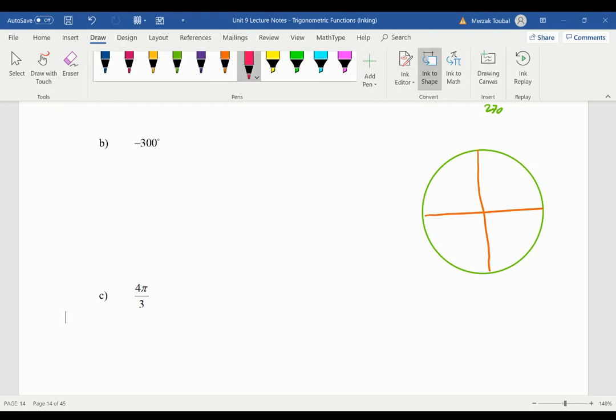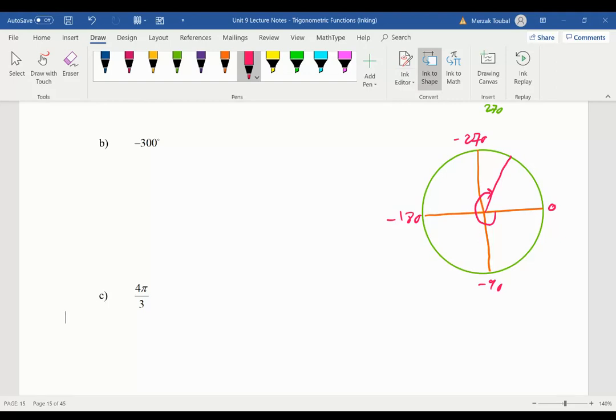So, negative 300 degrees. This is 0. Since the angle is negative, the rotation is clockwise. So 0, negative 90, negative 180, negative 270. If we go back to 0, that's negative 360. So negative 300 must be between negative 270 and negative 360. So it must be somewhere here, approximately.